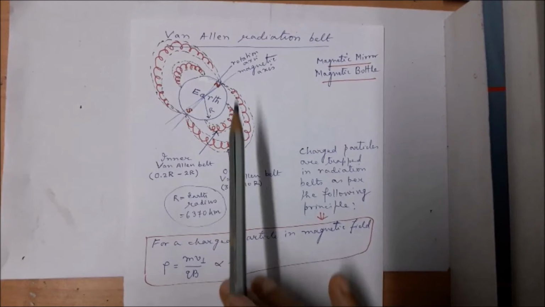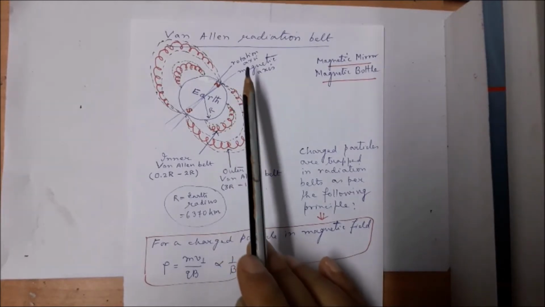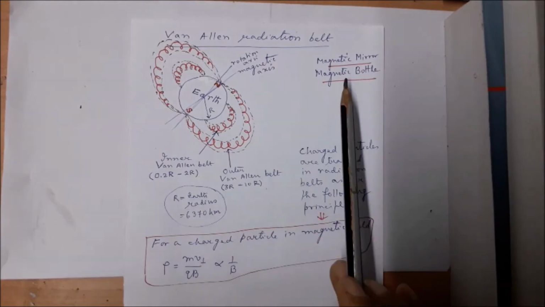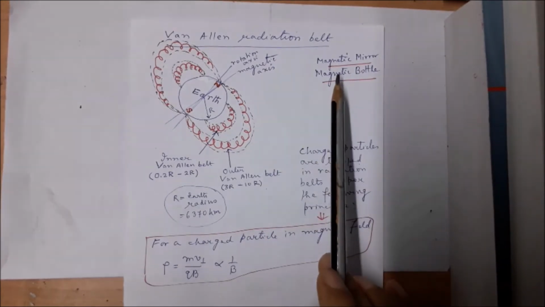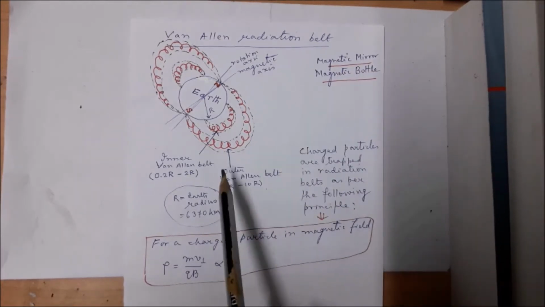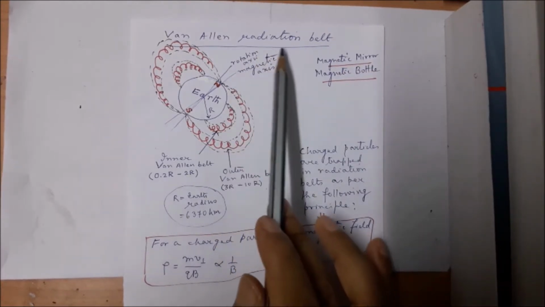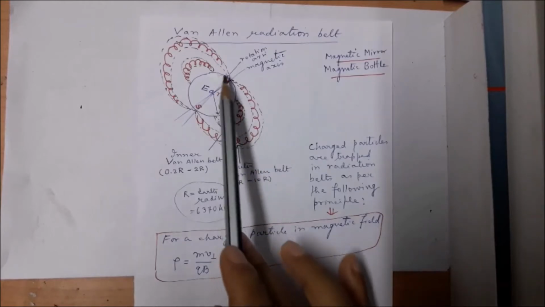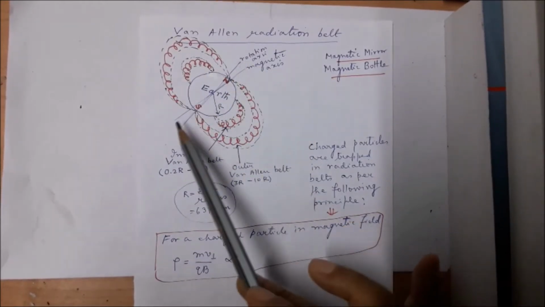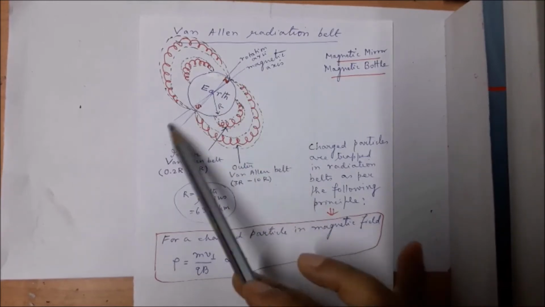The next application is explanation of the Van Allen radiation belt. Here we will come across terms like magnetic bottle or magnetic mirror. Now what is the Van Allen radiation belt? Now this is Earth and this is the rotation axis of Earth and this is the magnetic axis of Earth.